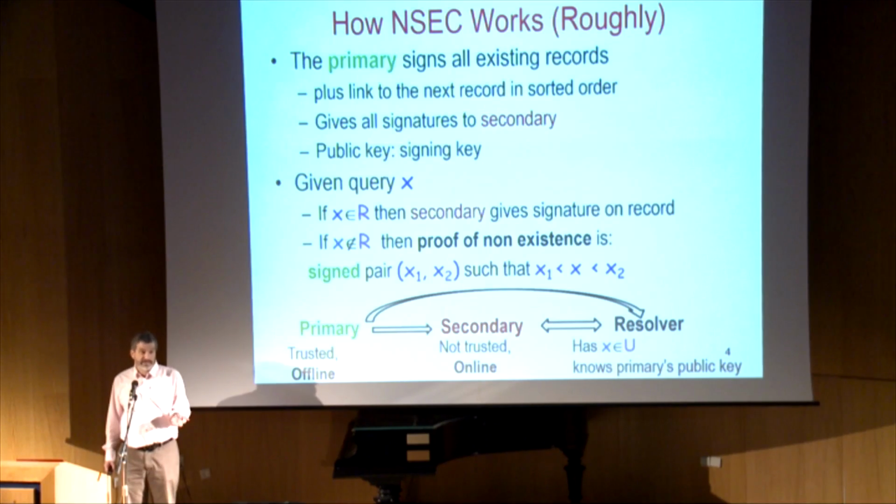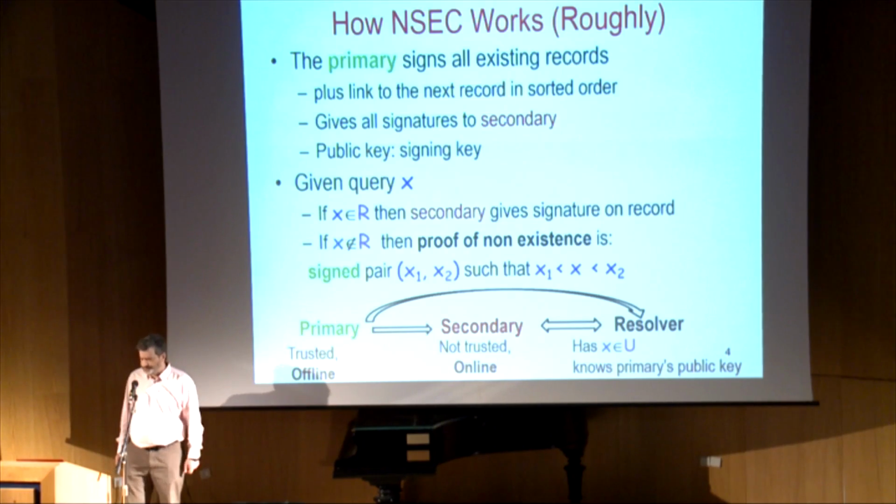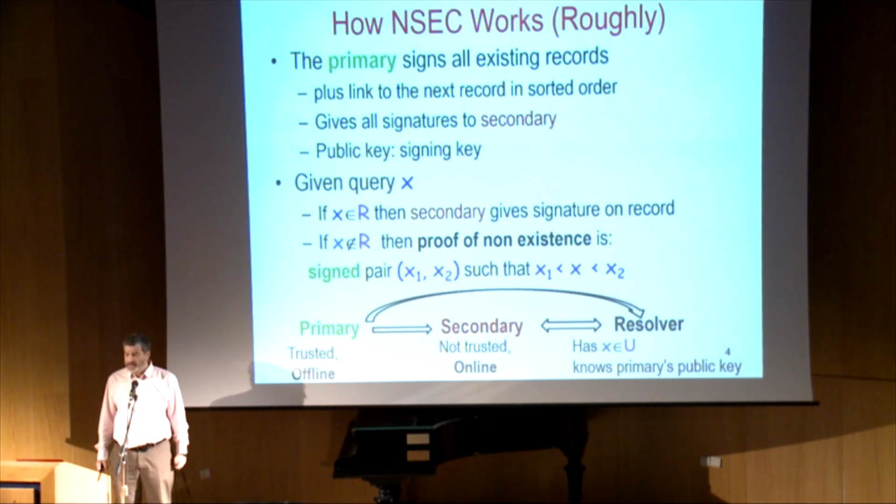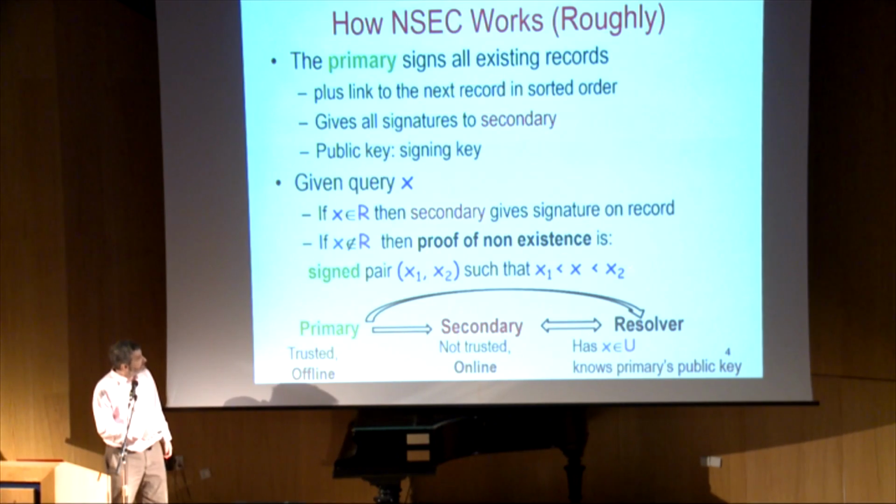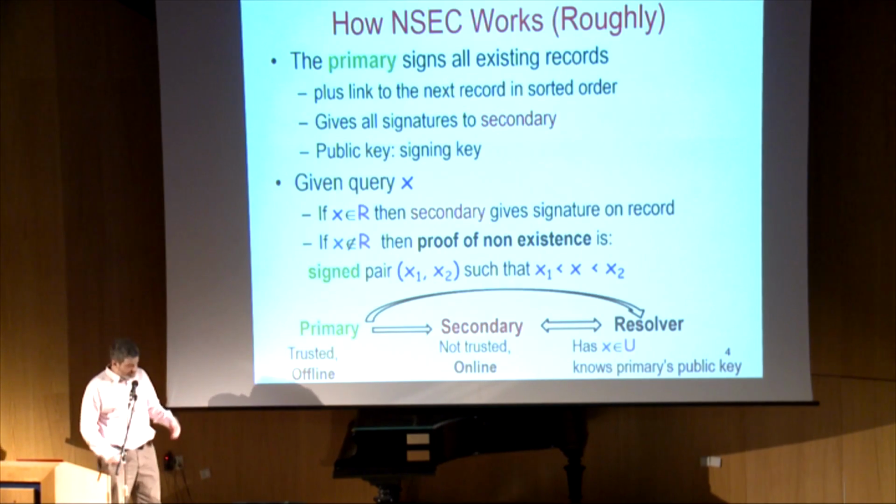Given a query X, if it's in the set, the secondary simply returns the signed record. If it's not in the set, he gives X1 and X2 such that X is between X1 and X2, and he has the signed pair X1, X2. So this is the result.